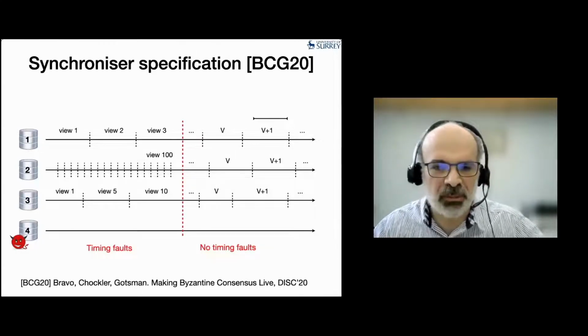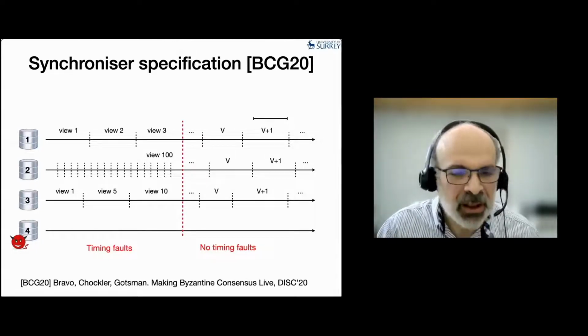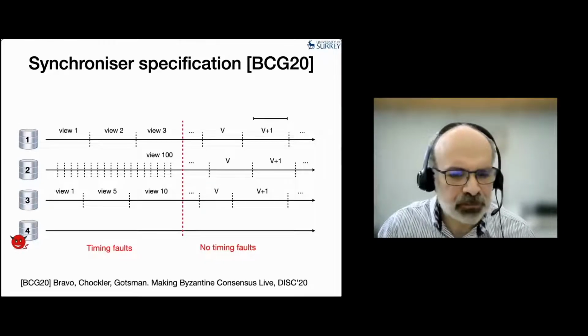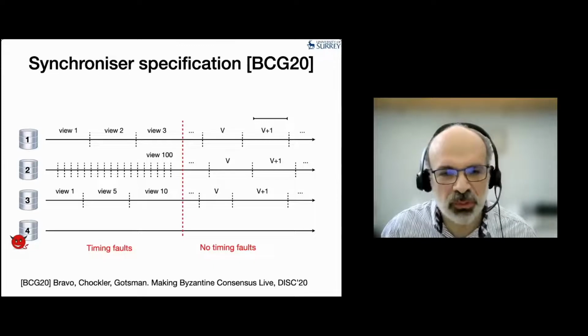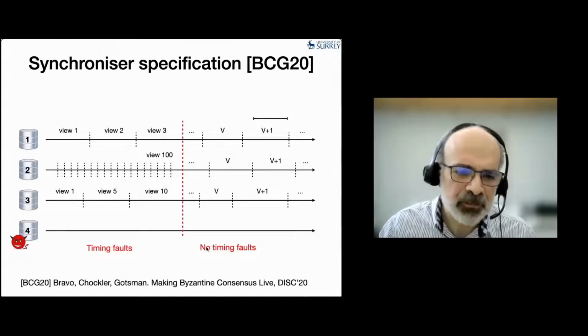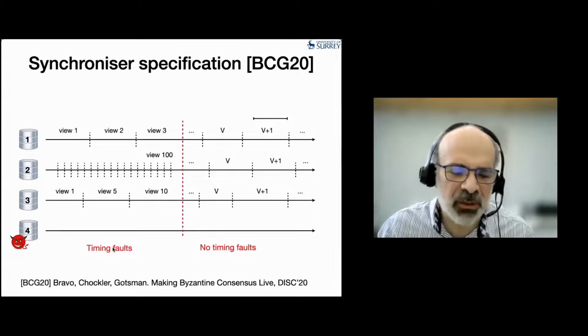Well, I know I'm running low on time. This is the actual picture that occurs in reality. Epochs, of course, can't be as nicely synchronized as I showed before on that picture. In particular, there could be timing faults, and we want to tolerate timing faults.